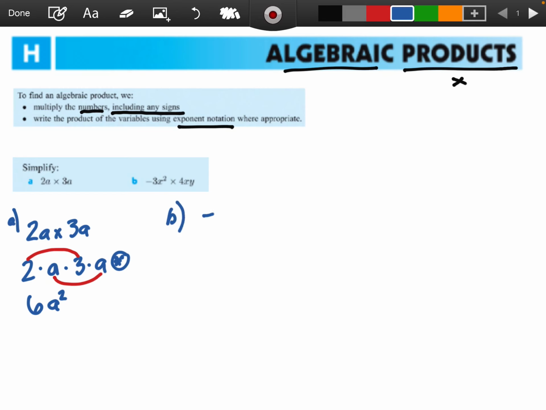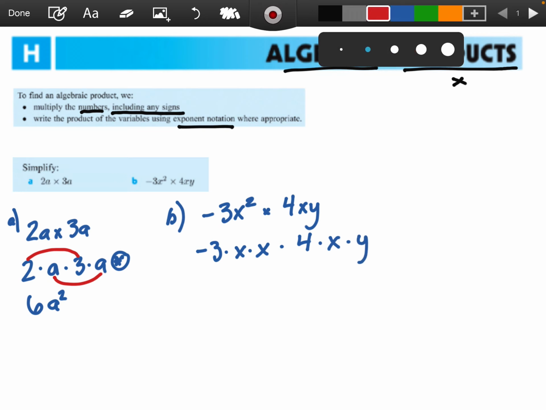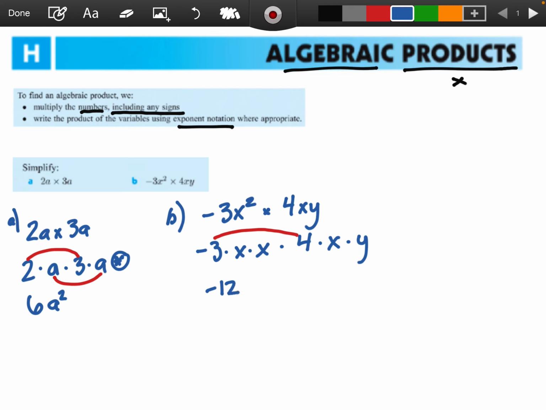For B, we have negative 3x squared, and that's multiplying by 4xy. Again, for some of you, you may want that middle step: negative 3 times x squared, which is x times x, multiplying by 4 times x times y. Numbers get multiplied by numbers, so negative 3 gets multiplied by 4 to give me negative 12.